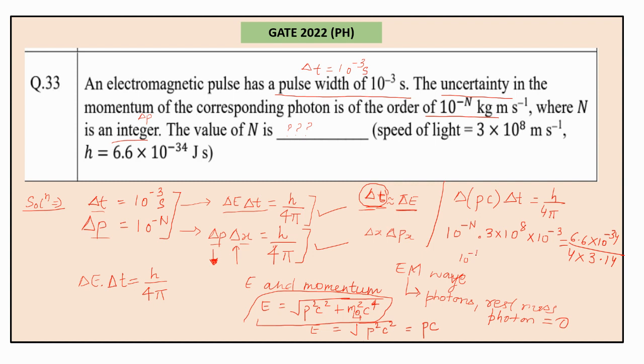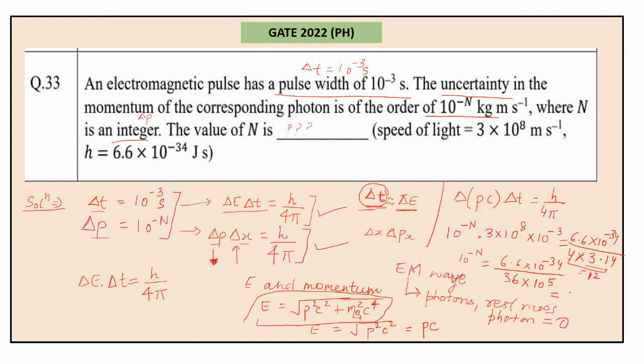10 raised to the power minus n is equals to 6.6 into 10 raised to power minus 34. I'm just taking approximation. So this is 4 and this I'm taking 3. So it is 12. Okay. I'm just taking rough values of these. So 12 into 3, 36. 36 into 10 raised to the power 5.